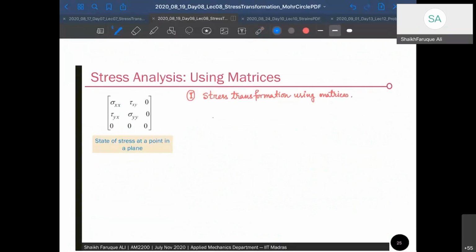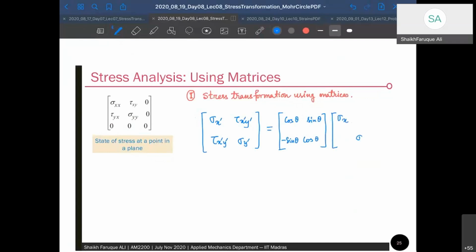So sigma x', sigma y' will be given by the matrix with cos theta, sin theta, minus sin theta, cos theta, multiplying sigma x, sigma y, sorry, tau xy.